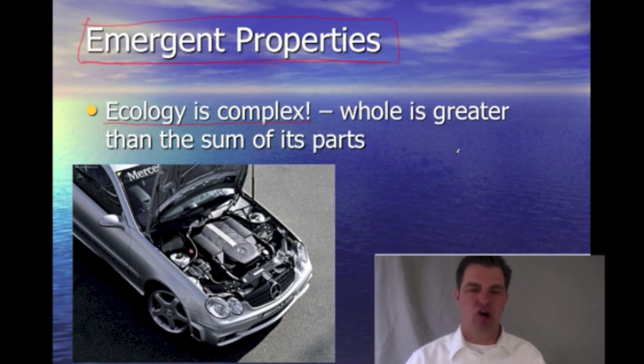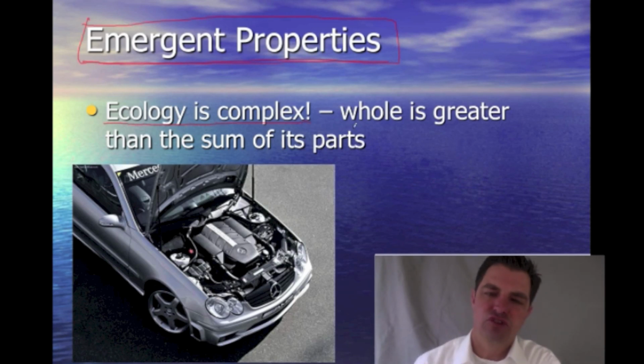If you think about all the stuff we've talked about, molecules, larger molecules, macromolecules, organelles, cell respiration, photosynthesis, those things are still going on in the animals, plus all of the other stuff. So ecology is very complex, and one of the terms they use to describe that emergence of properties is the idea that the whole is greater than the sum of its parts.